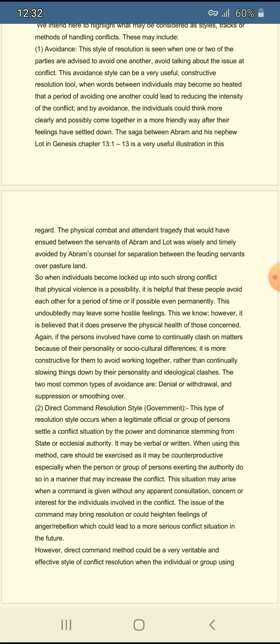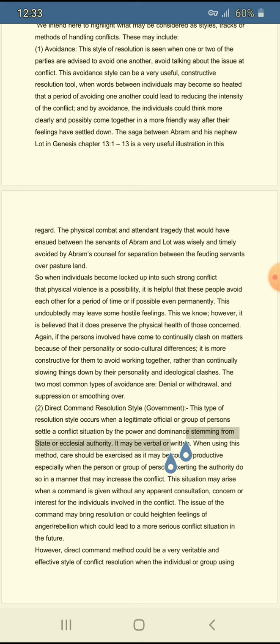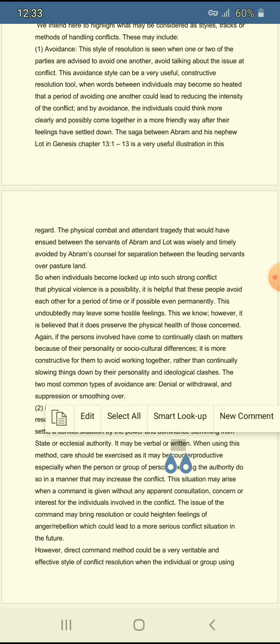This avoidance style can be a very useful and constructive resolution tool when words between individuals may become so heated that a period of separation is needed. The feud that ensued between the servants of Abraham and Lot was wisely and timely avoided by Abraham's counsel for separation between the feuding servants over pasture land.